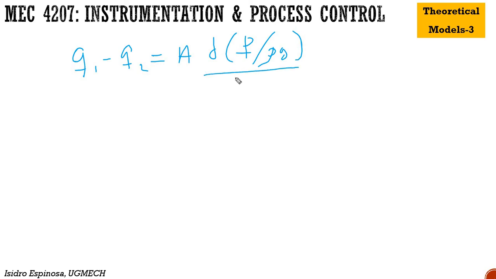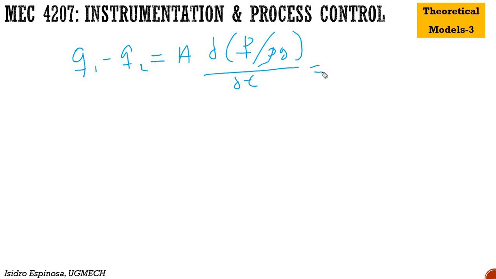So if we have that, what do we have? We have the flow rate 1 minus flow rate 2 equal to the area multiplying the differential of pressure over rho g over time.